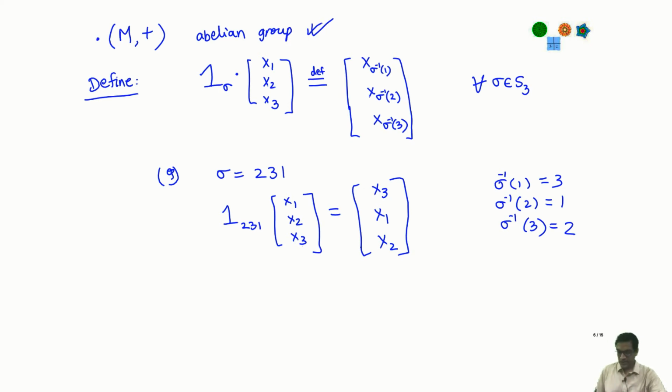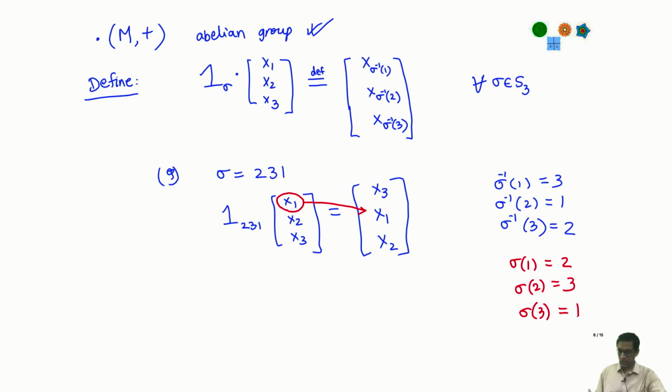Okay, so you see what it has done. It has taken the element x1, which occurs in the first place, and it has moved that x1 from the first place to the second place. Remember that's how sigma acts. Sigma maps the number 1 to 2, maps the number 2 to 3, and 3 to 1.